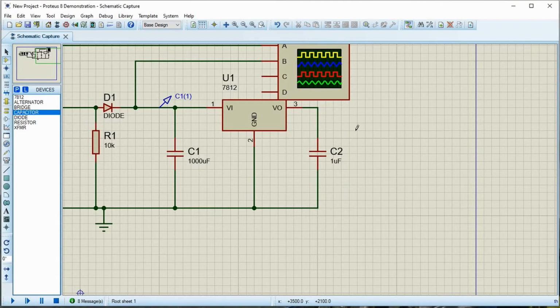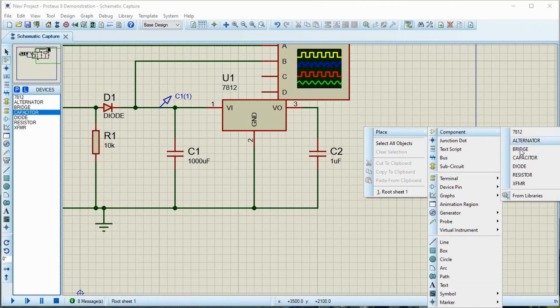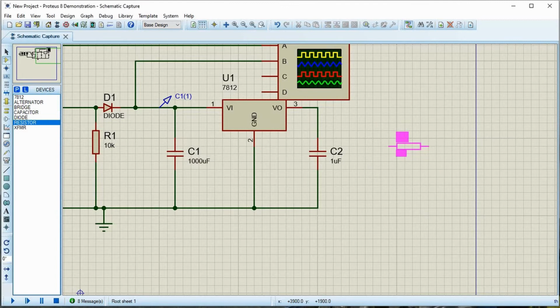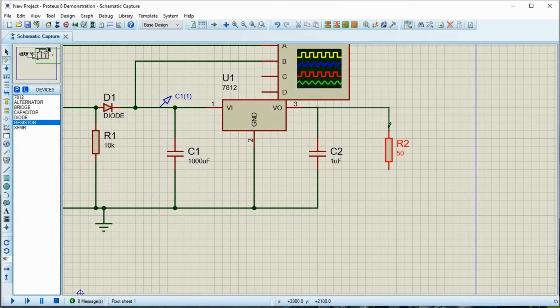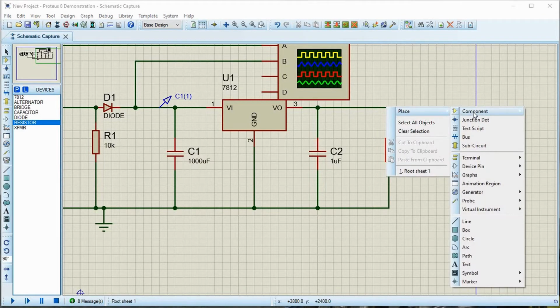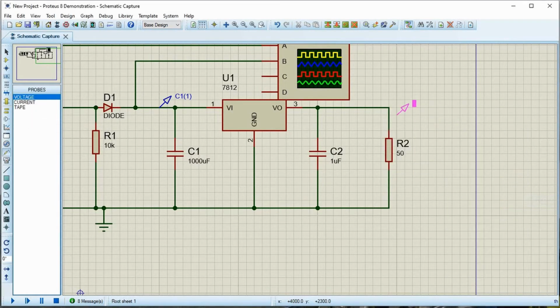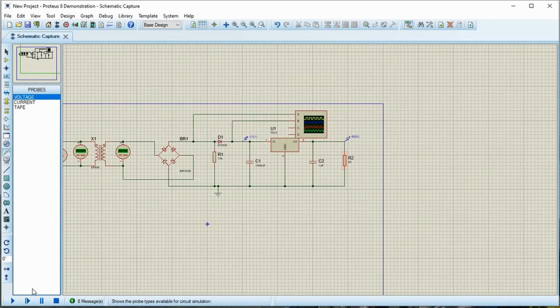Let me put a load. Put a 50 ohm load. So here we are expecting a 12 volts DC waveform.